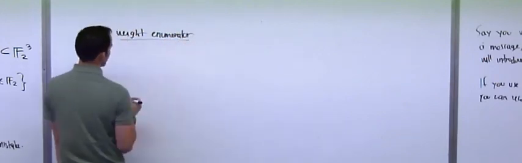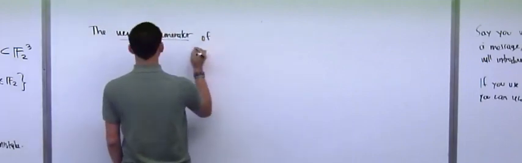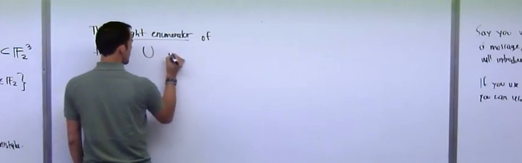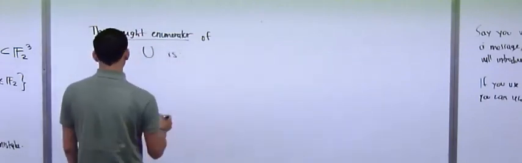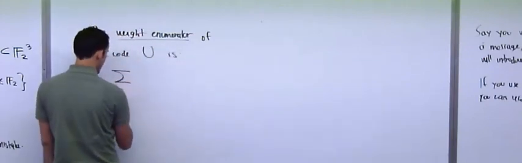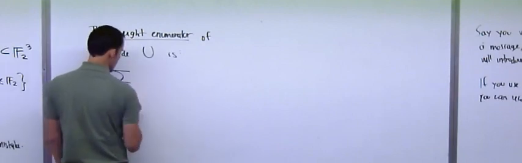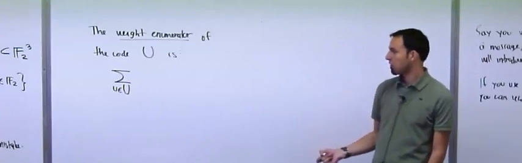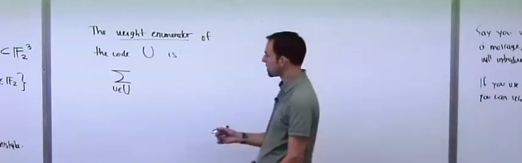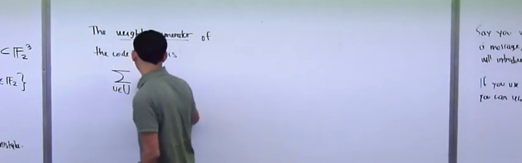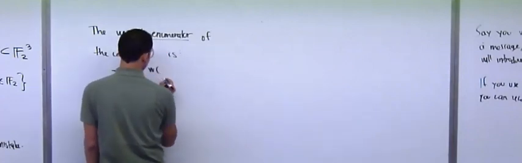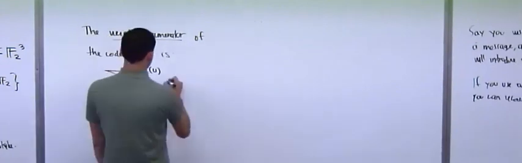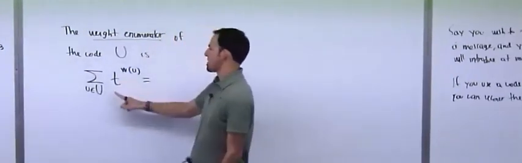The weight enumerator of the code is basically you're going to take all the words in your code, and for each one of them, you're going to say the weight. So you're going to take t to the weight of the word. And so, of course, this is a function of t.